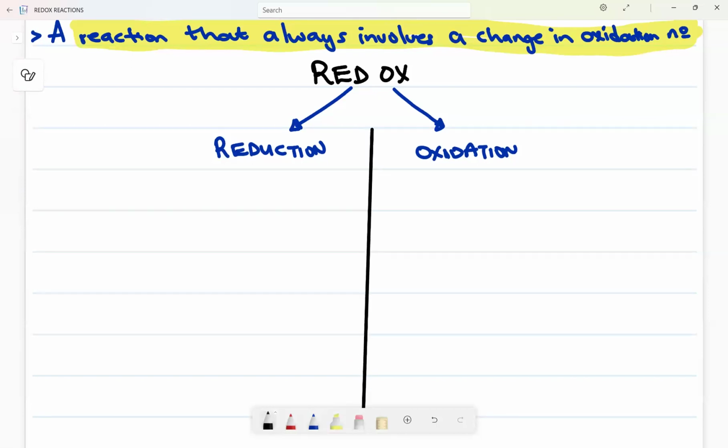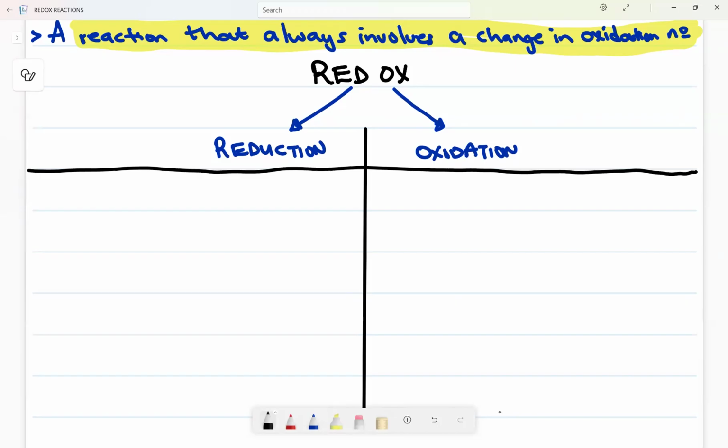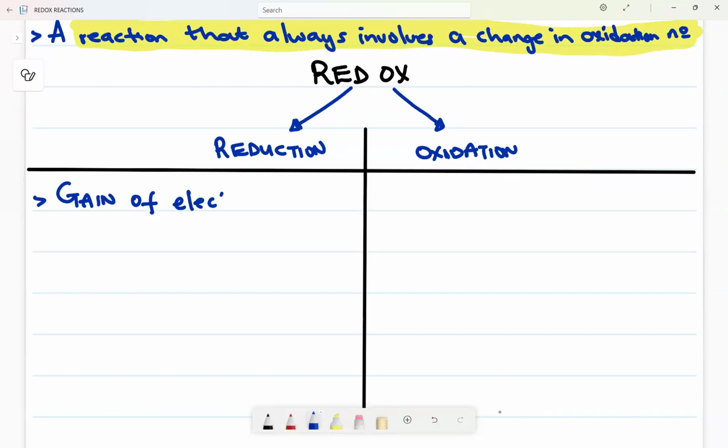Now, what is reduction? Reduction in terms of electron transfer is gain of electrons.